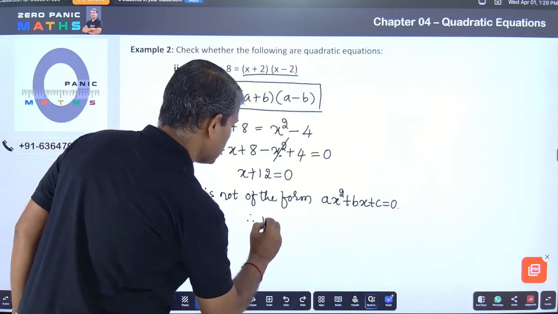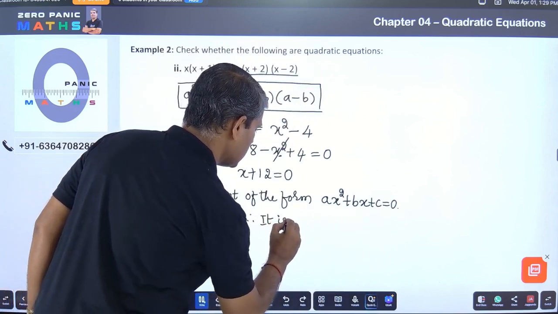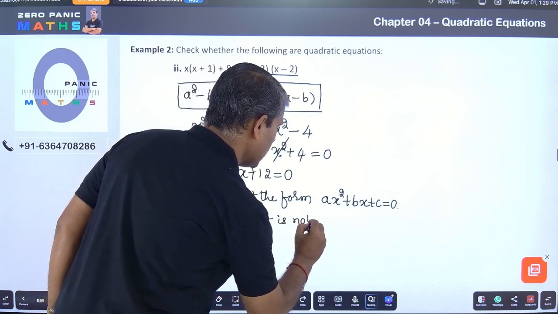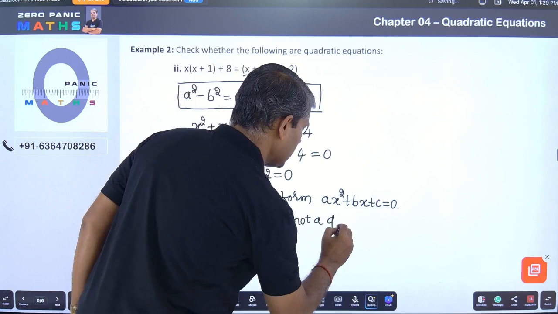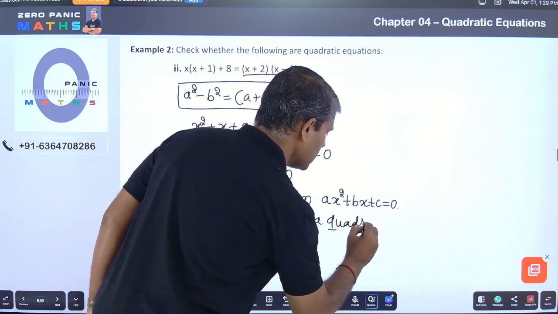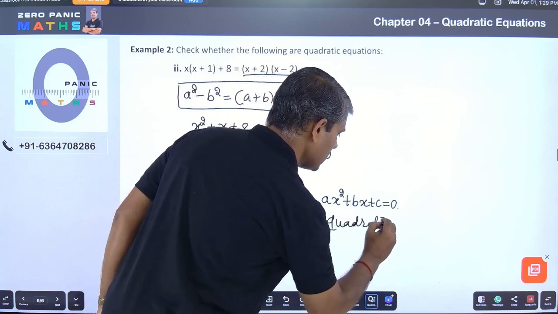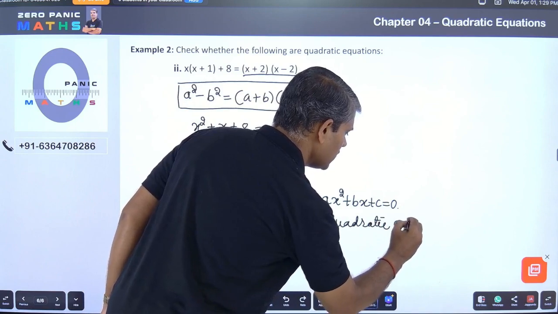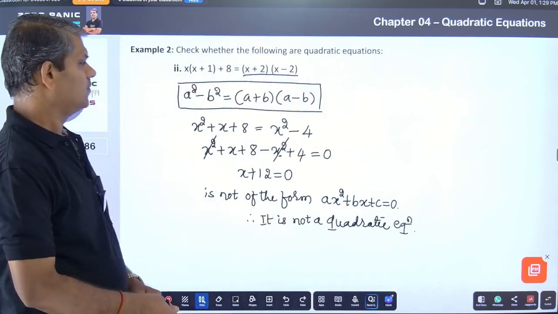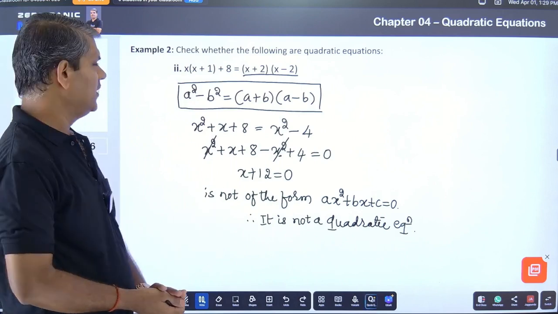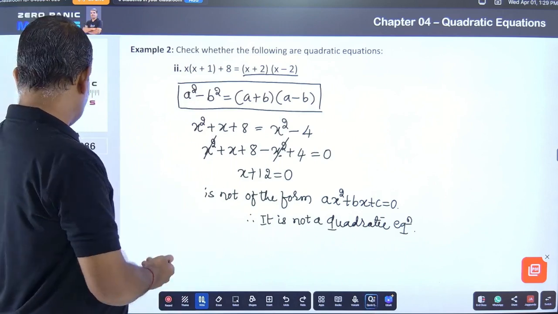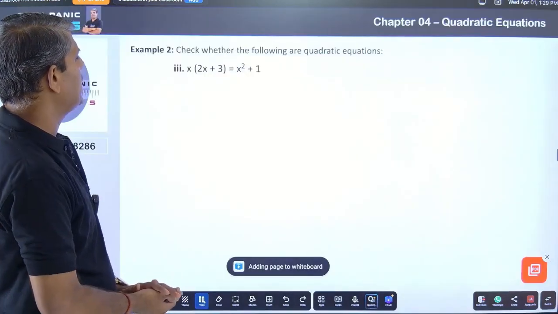Therefore, it is not a quadratic equation. Simple, right? Okay, let us move quickly to the next problem.